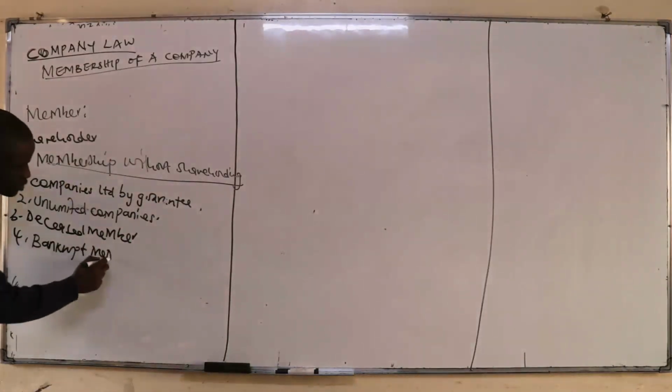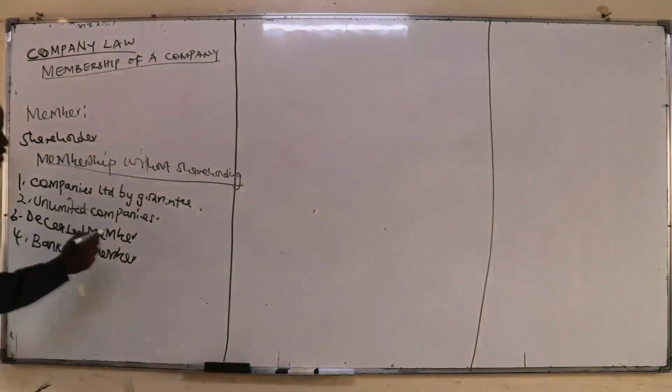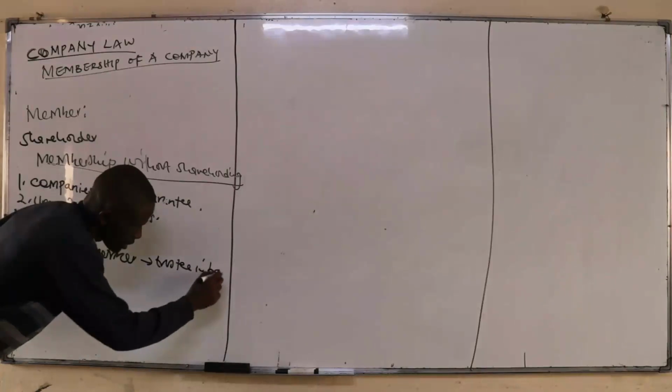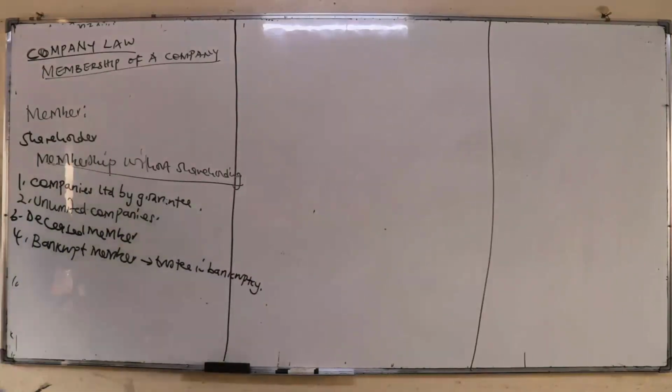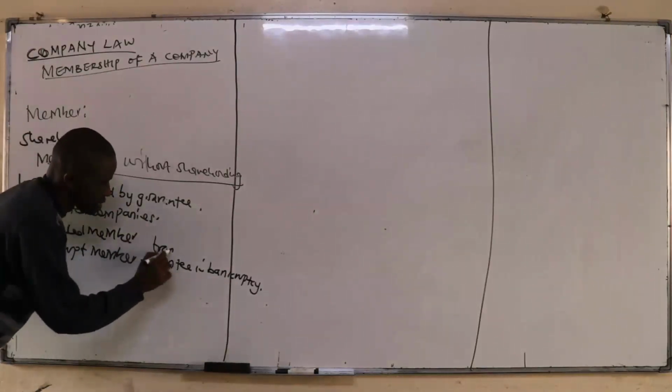What happens to a bankrupt when you are declared bankrupt? Your shares are transmitted to the trustee in bankruptcy. Can you note I've not used the word transferred? They are transmitted.